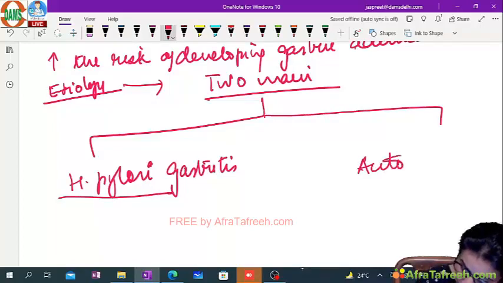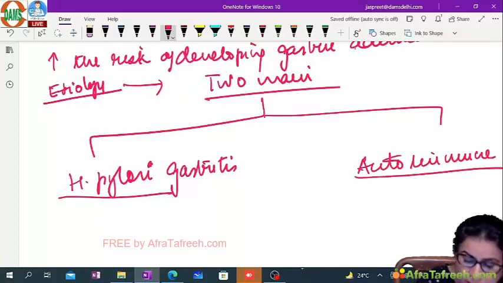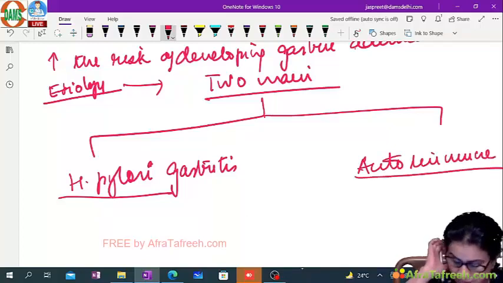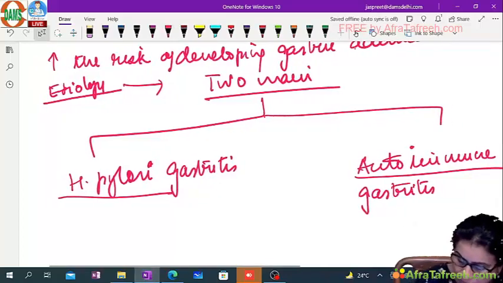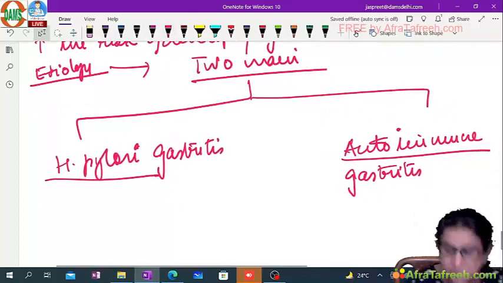So these are the two main types of chronic gastritis, or two main etiological factors: H. pylori causing chronic gastritis, and autoimmune gastritis.